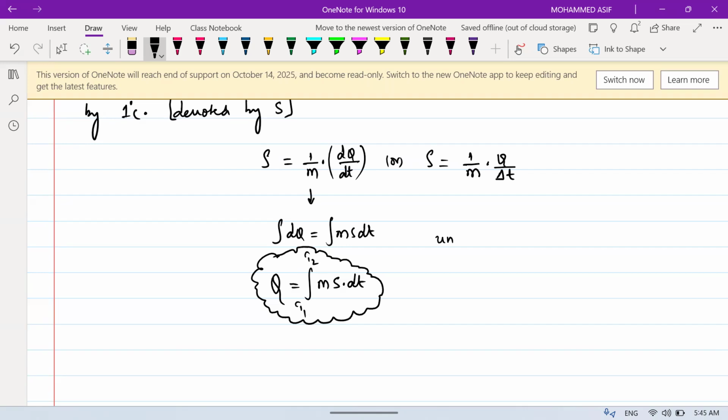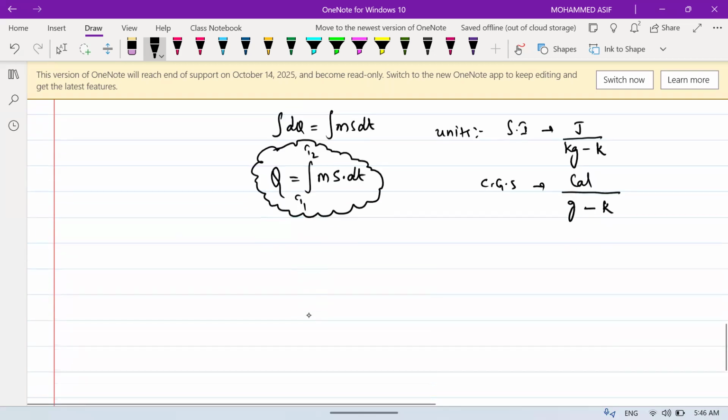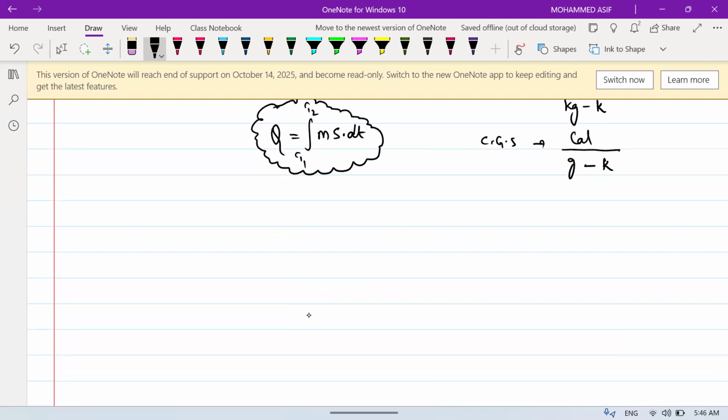Units of this one, can anyone tell me the units, beta? SI unit of this one is joule per kg Kelvin. Isn't it? Energy is measured in joule, mass is measured in kg, and temperature is measured in Kelvin. And its CGS unit is calorie per gram Kelvin, because degree Celsius or Kelvin will be one and the same in relation. Am I clear? And these are some of the important points which you need to remember, beta.